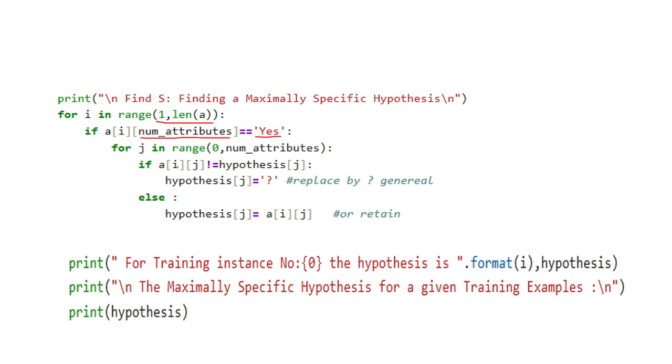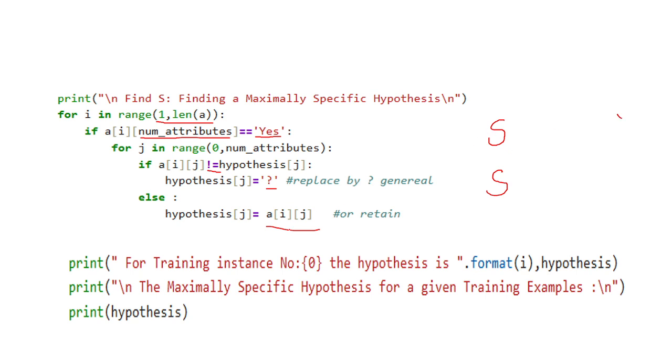If the hypothesis value and the value just read, that is X, are different, you put a question mark. Otherwise, retain it. For example, if X has yes and the hypothesis has yes, both are compared, provided this is a positive example.